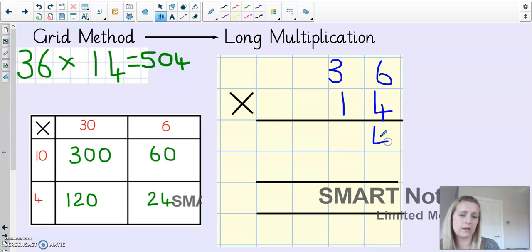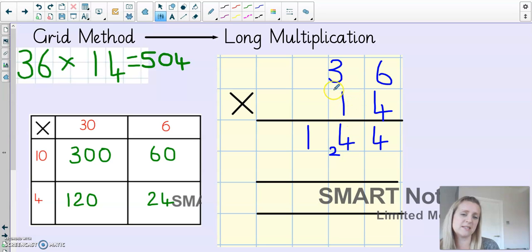So I put my 4 in here and I carry the 1. Now I'm going to do 4 times this 30. 4 times 3 is 12. Add this 2 is 14. So I can put my 4 here and I can carry the 1 over to here.